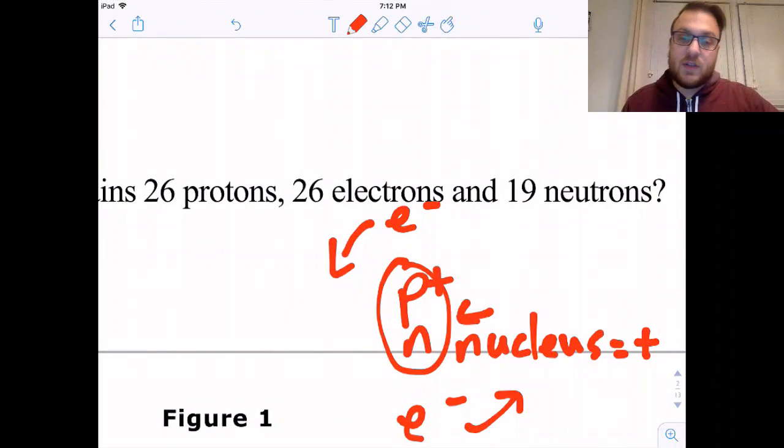Since there's no electrons in your nucleus, we would say the nucleus has a positive charge because only the positively charged things are in the nucleus. There's no negatively charged things.